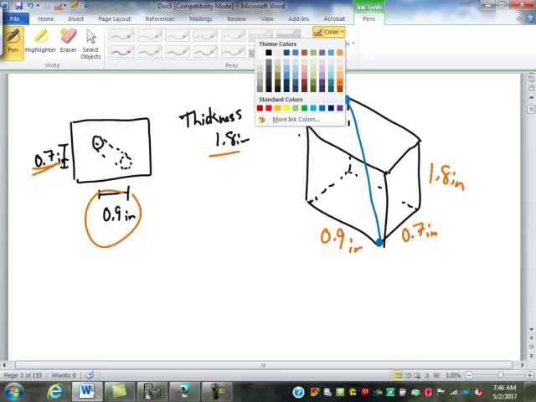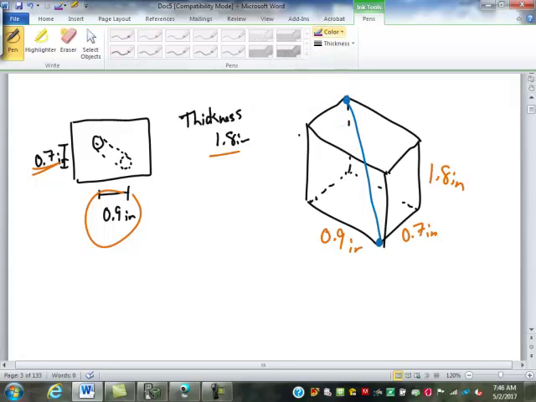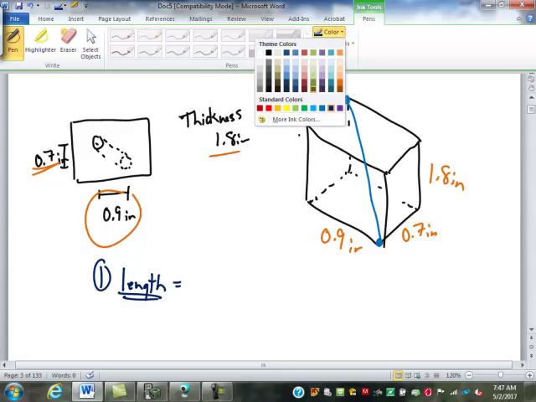And now it's a matter of going through those steps. Step one is always find the length. Finding that length, we use the three-dimensional Pythagorean theorem.